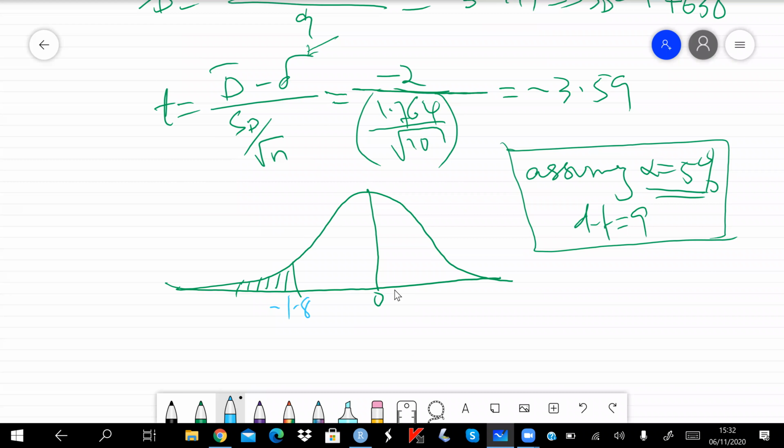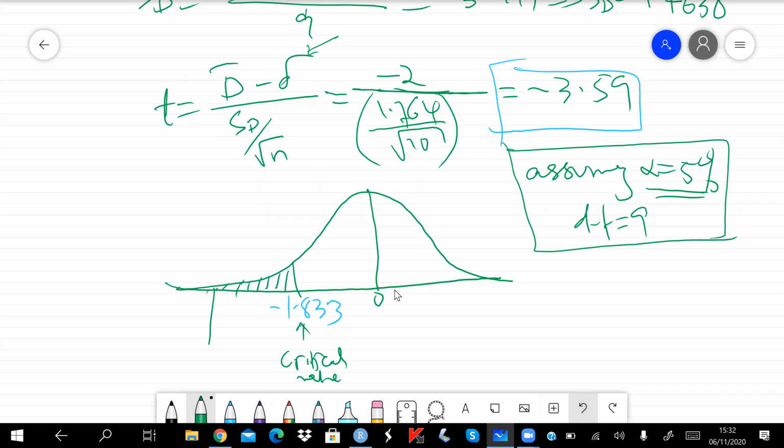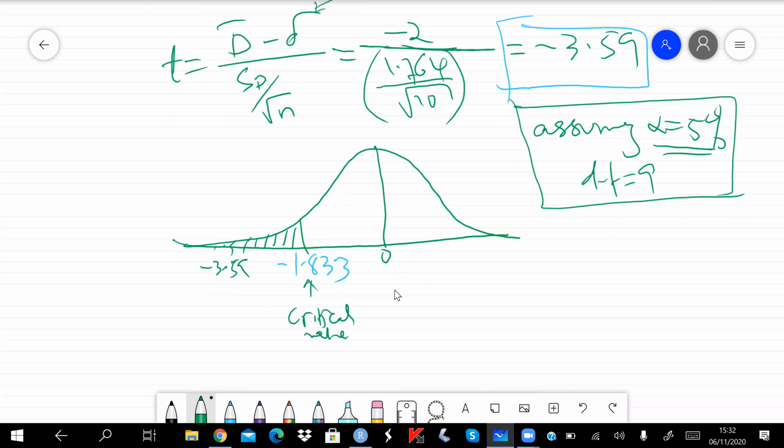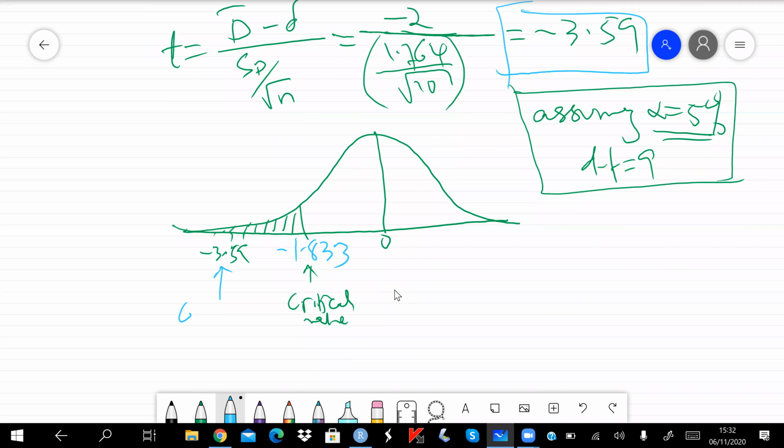So that's the value we put here, minus 1.833. Comparing that with the calculated value of minus 3.59, we notice that the calculated value is deep in the rejection region. So clearly we are going to reject the null hypothesis.